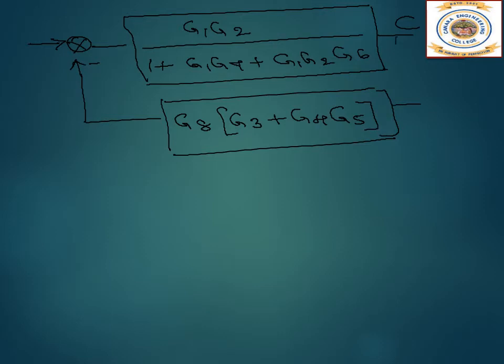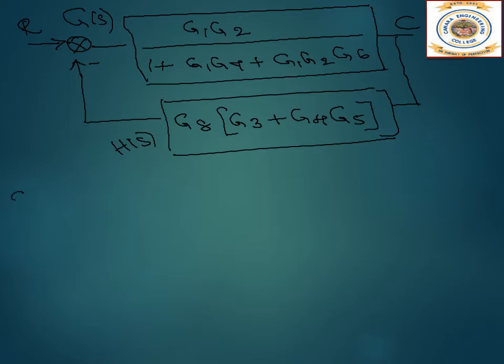So again, solving the minor feedback formula is the same: G of S divided by 1 plus G of S H of S, because it is negative feedback. So this is G of S and this is H of S.